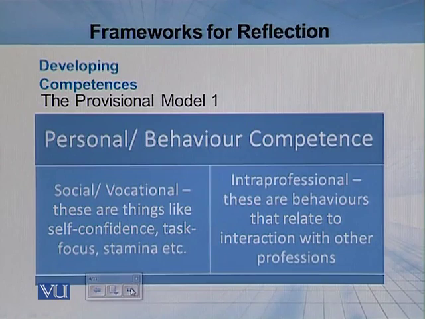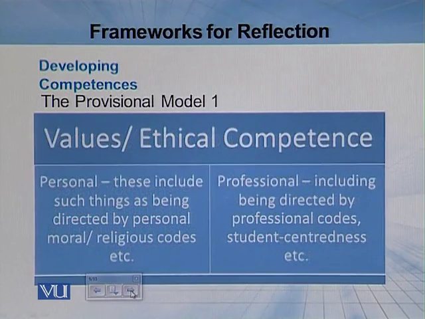And also there's a component which is about our roles with other professionals, or in other words, the intra-professional component of reflective practice.